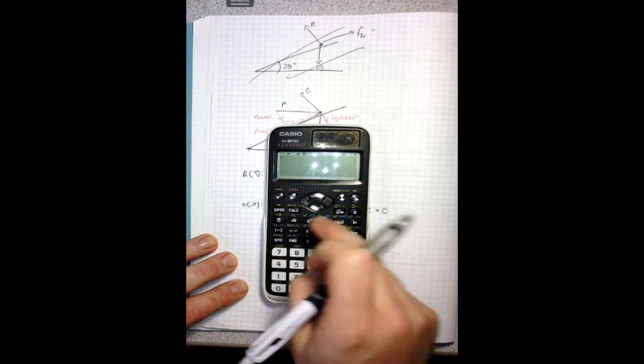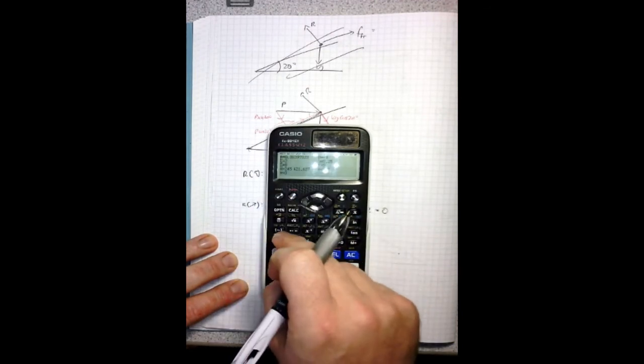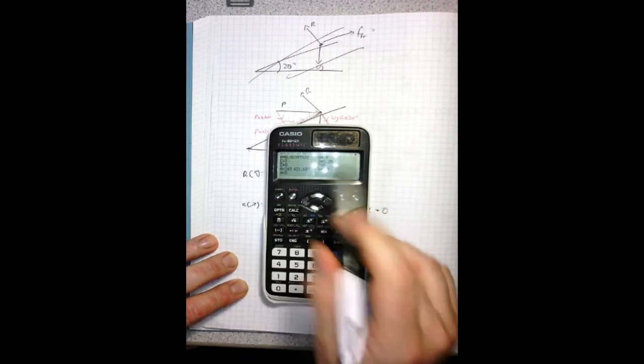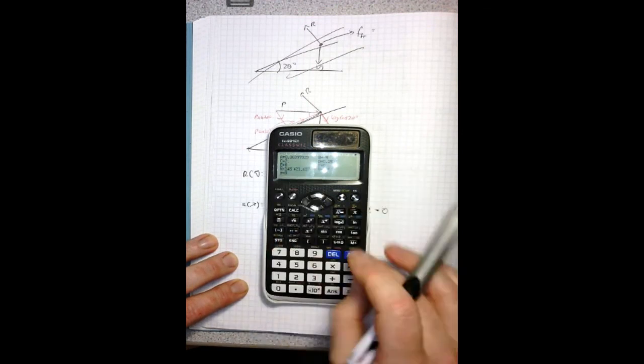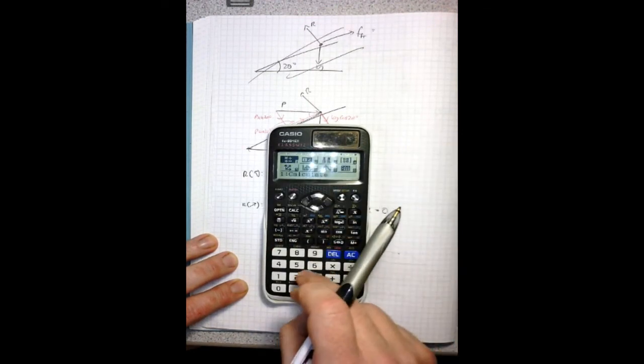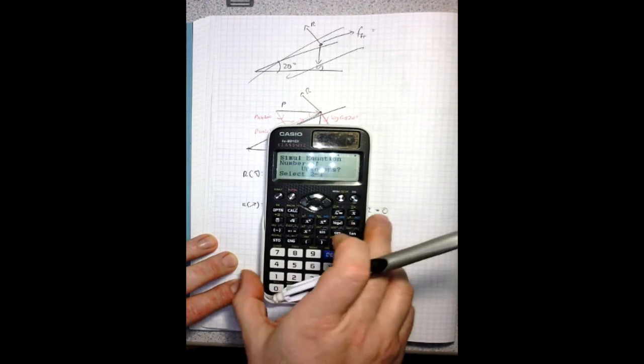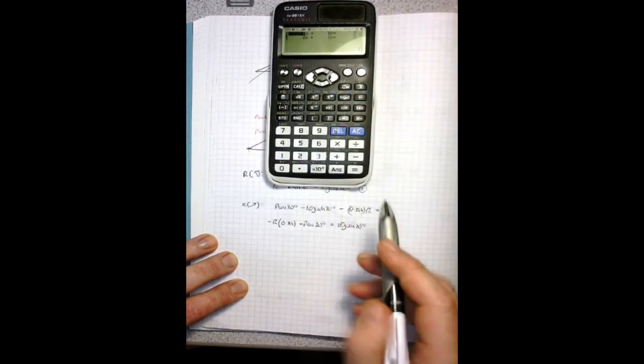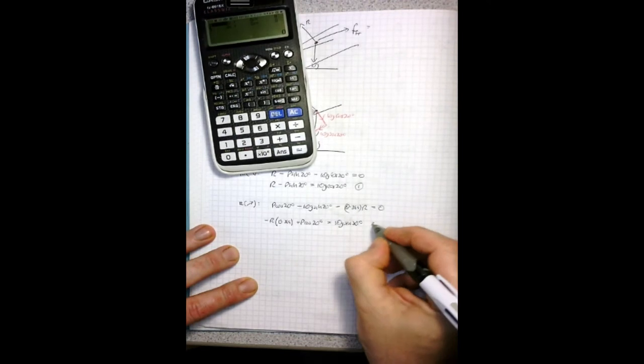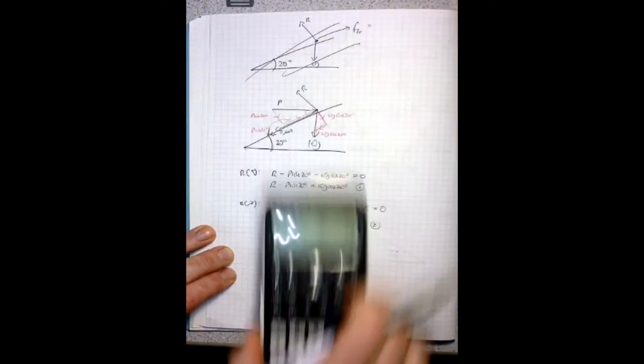Remember I stored my answer before as A, so there it is. So if I go back into simultaneous equation mode, two unknowns, these are my equations 1 and 2.